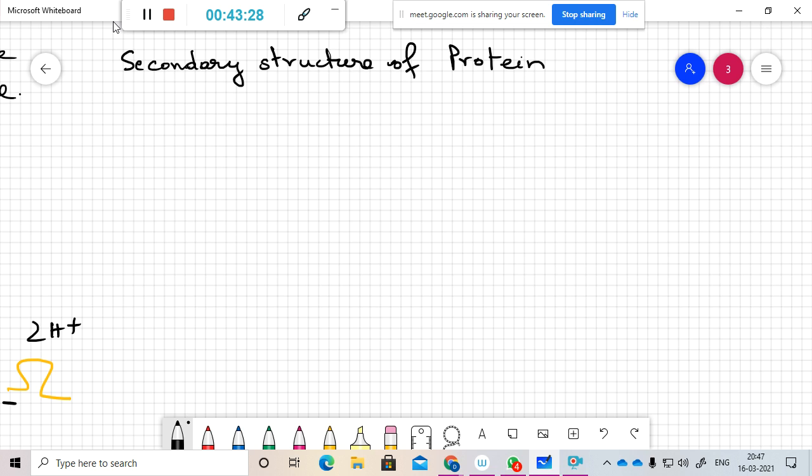Because of the bond angles, the psi and the phi which you had seen, because of R1 and R2 and their particular relationship with each other, if they are similar charge, they will repel each other. If they are hydrophobic, then they will pull each other. So based on this, the protein structure starts to fold because of the turns and twists because of these R groups.